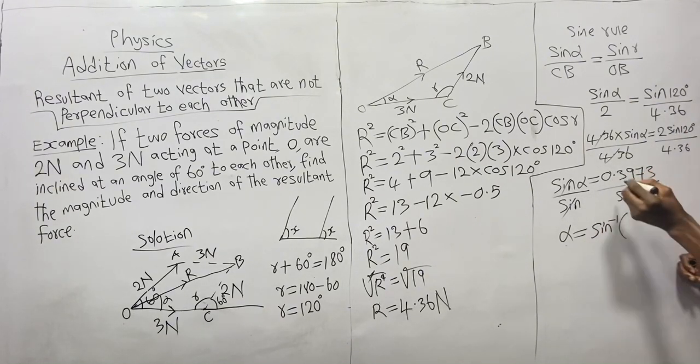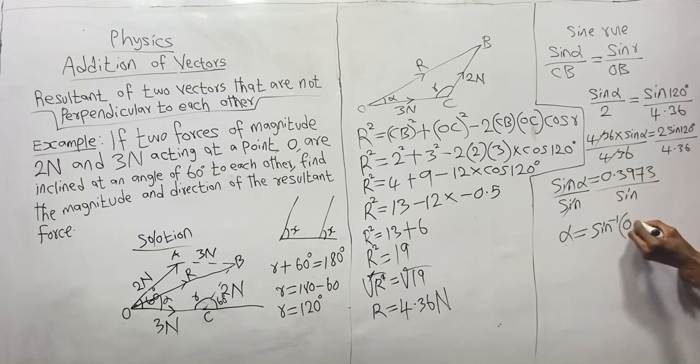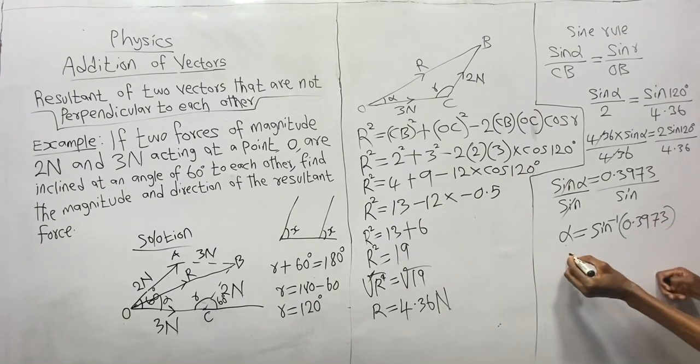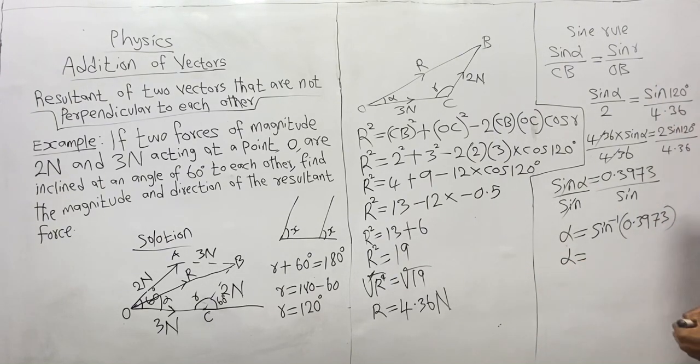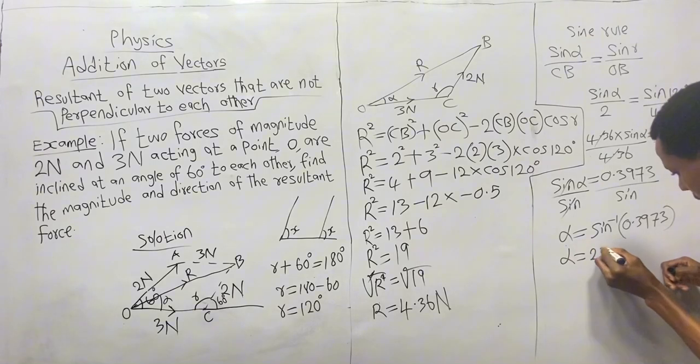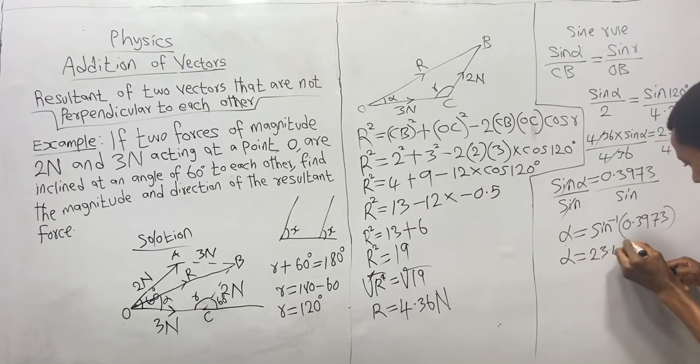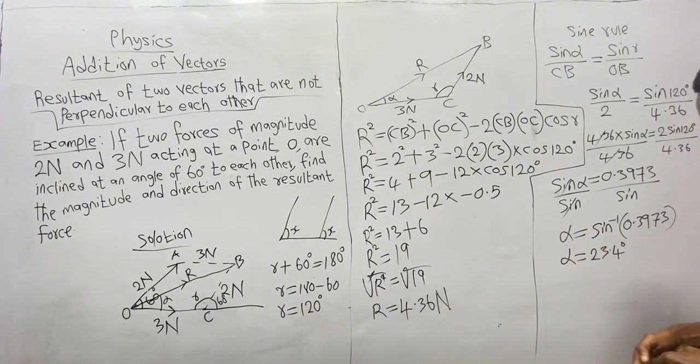Then you now put this number here, 0.3973. Alpha will now be equal to the sine inverse of 0.3973, which is 23.4 degrees. So your alpha, which is your direction of the resultant what? Force, is what? 23.4 degrees.